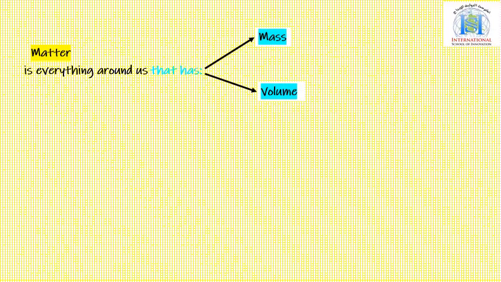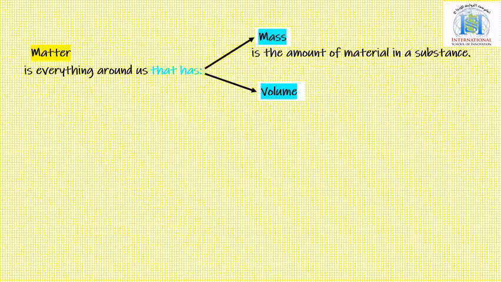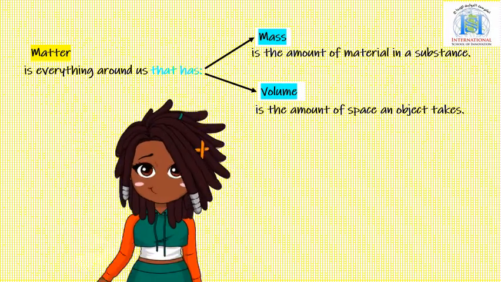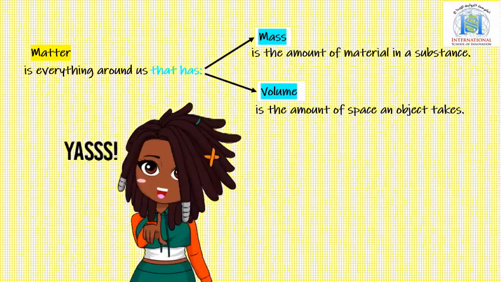But what's mass? The mass of an object is the amount of matter that this object contains. And what's volume again? It's the amount of space that an object takes up. Yes.